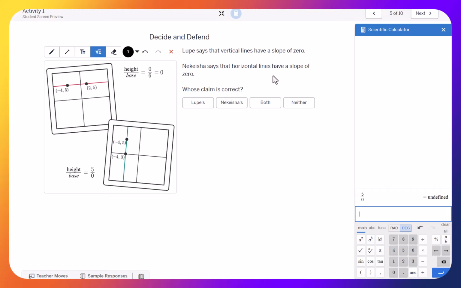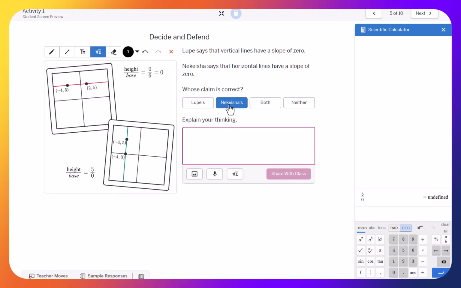The slope is undefined. Nikisha says a horizontal line has a slope of 0. That's what we have on the top here. She's correct. And I'll let you explain your thinking in the activity today, but you can't divide by 0. If you try, it will be undefined.